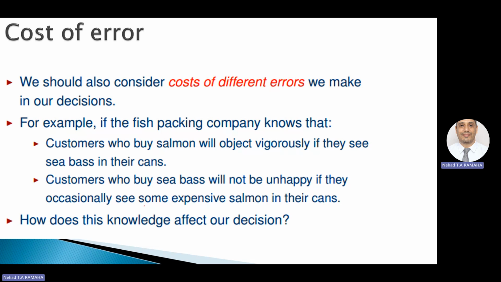But if you did the opposite, if it's a sea bass fish and you classify it as salmon, you will lose the customer. The customer will not be happy. So if you are not sure, put it as sea bass, not as salmon. So the cost here will be less. So the cost of error is also important for classification here.